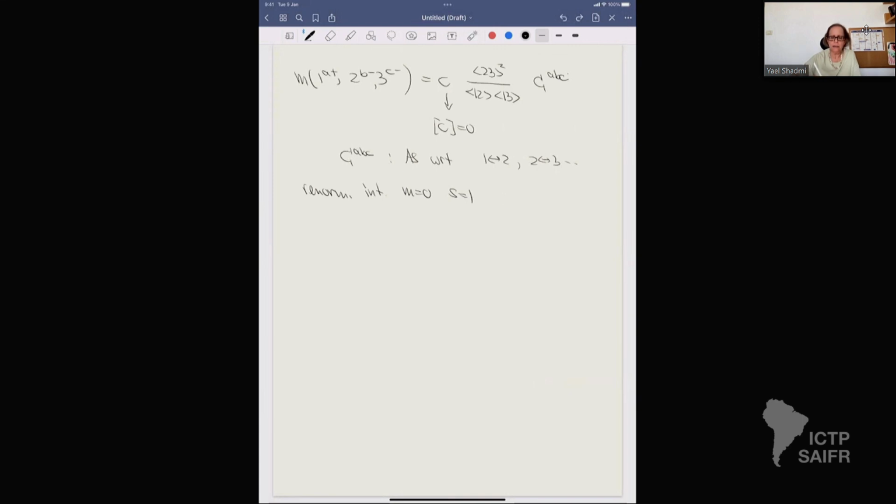This interaction is proportional to some structure that is totally anti-symmetric in the indices A, B, and C. So what we're starting to see is exactly the structure constant that we're used to of SU(N), or more generally any Lie group.